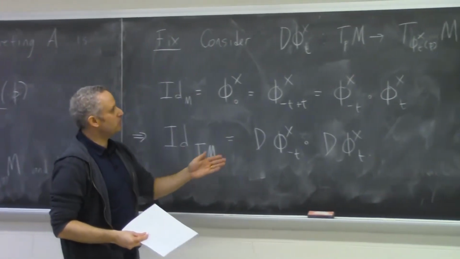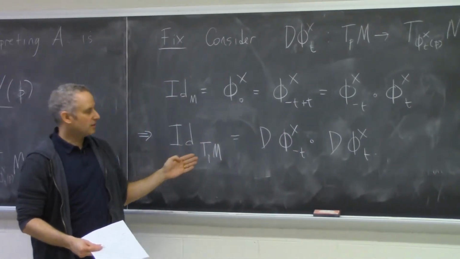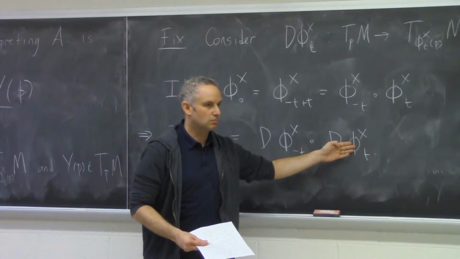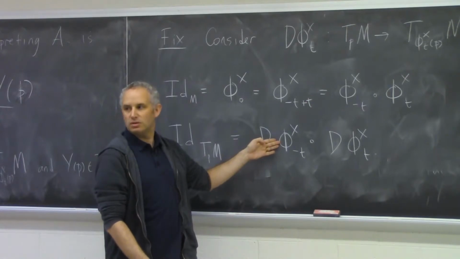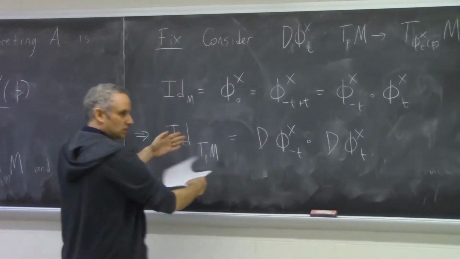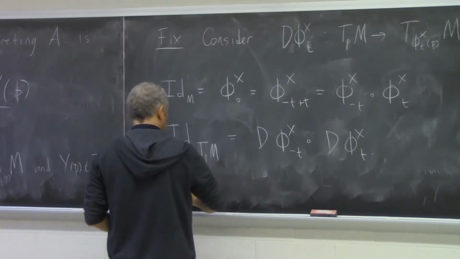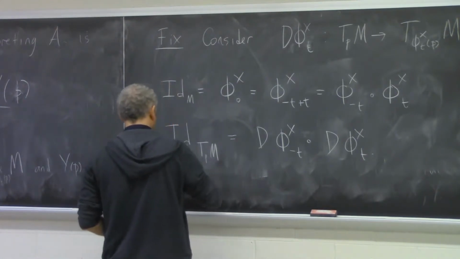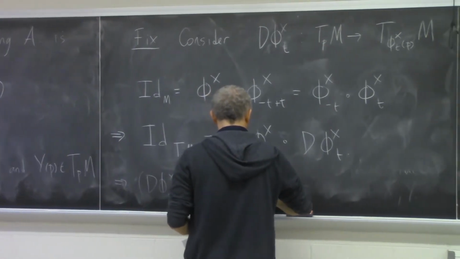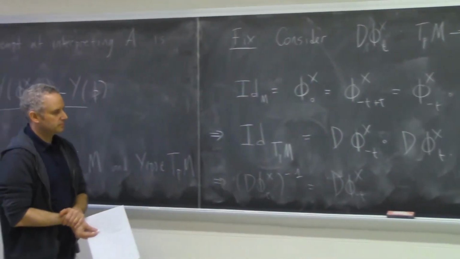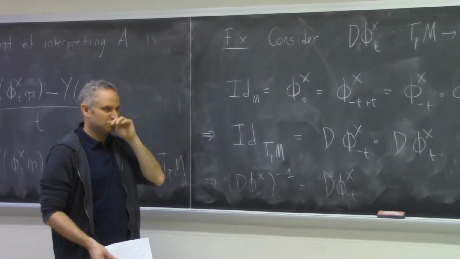And so this tells us something about this map. If this is involved in a composition which is the identity map, then this map is an isomorphism. Okay, it's one-to-one and onto, and its inverse is this. That's what this equation is telling us. So let's just shorten that. That tells us that d phi x t is invertible, and its inverse is d phi x minus t. Okay. So this is an isomorphism, and then we have a name for its inverse.